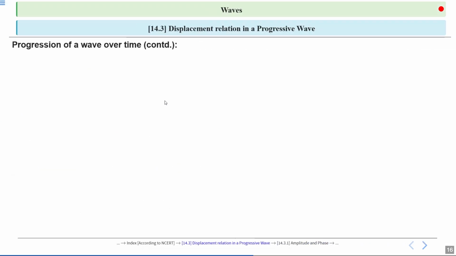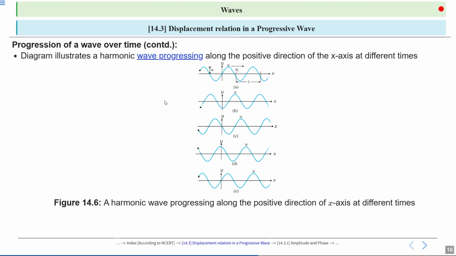Now, let's look at this diagram, figure 14.6. It shows a harmonic wave moving to the right along the x-axis at different times.